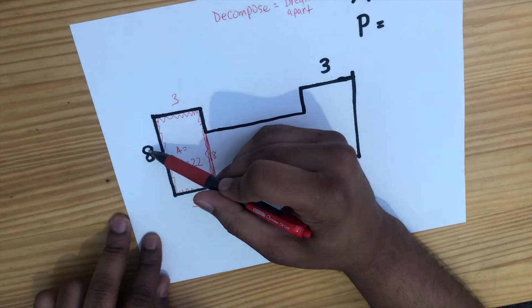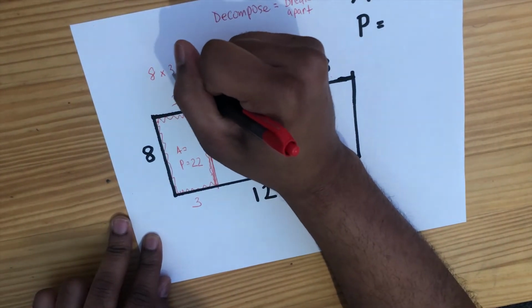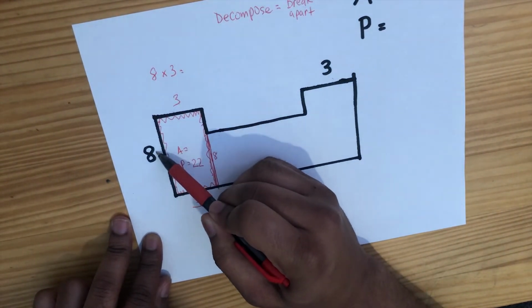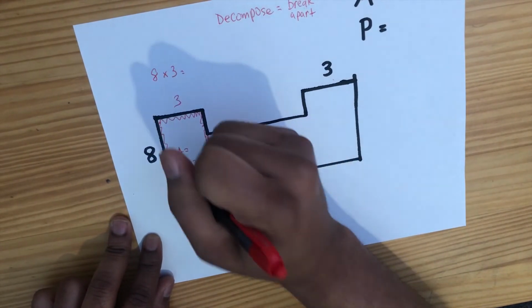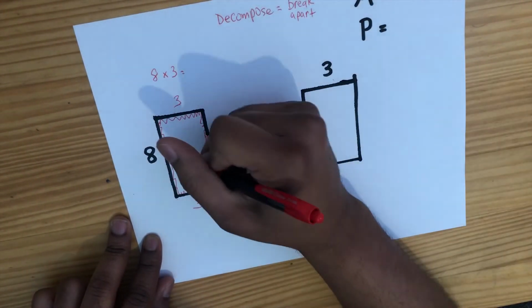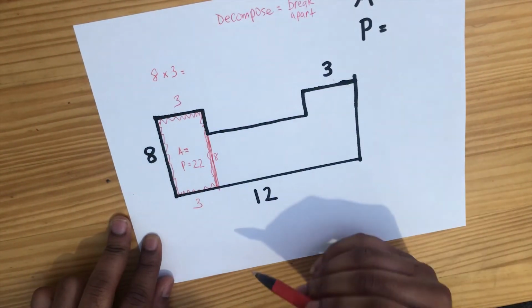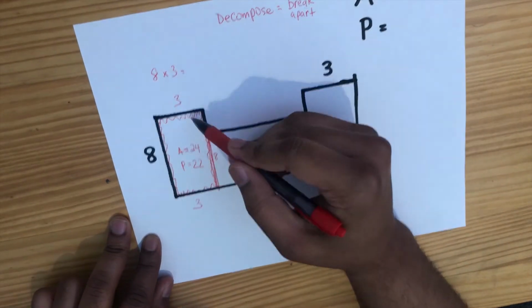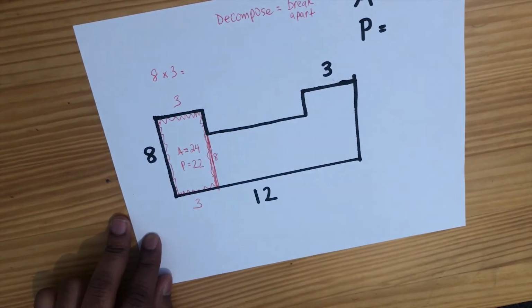We can multiply our length times our width, which is 8 times 3, or we can recreate the squares. We can put 8 lines down and then 3 lines across and count every square. For the sake of time, I'm going to use my multiplication facts. 8 times 3 is equal to 24. So the area of this part of the shape is 24.